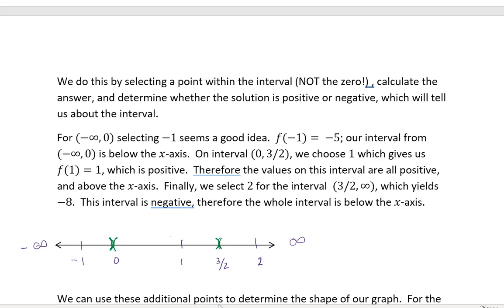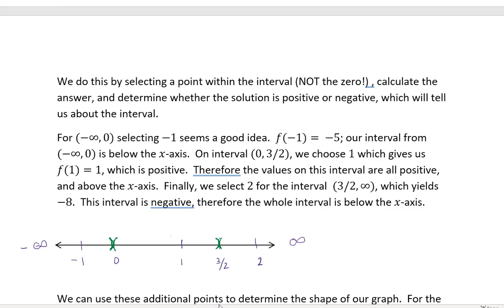What I'm going to do is pick a point in each of those intervals, and I'm going to find out whether it's positive or negative. If I find out the answer is a positive value, then everything in that interval is going to match what you found.